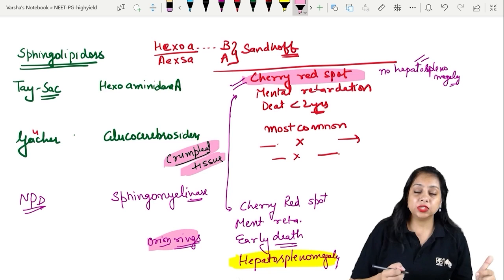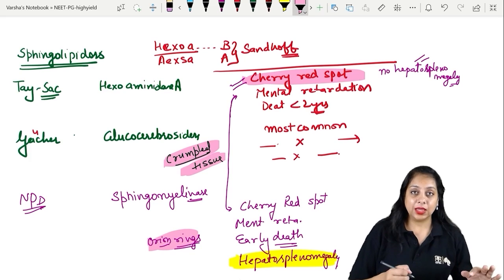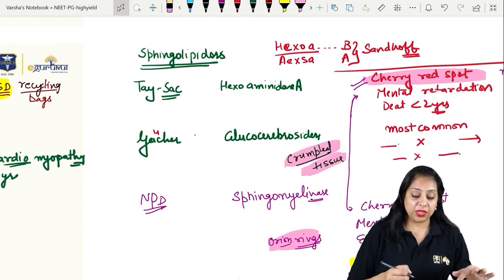Cherry red spot with hepatosplenomegaly, cherry red spot without hepatosplenomegaly, crumpled tissue paper appearance. These three are most frequently asked in the exams over and over, other than Pompe's disorder.